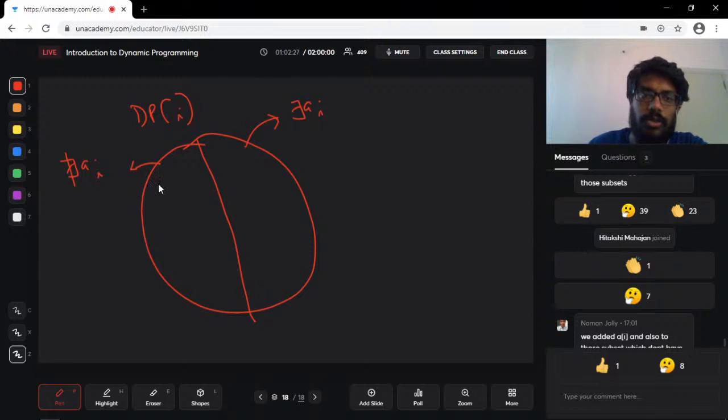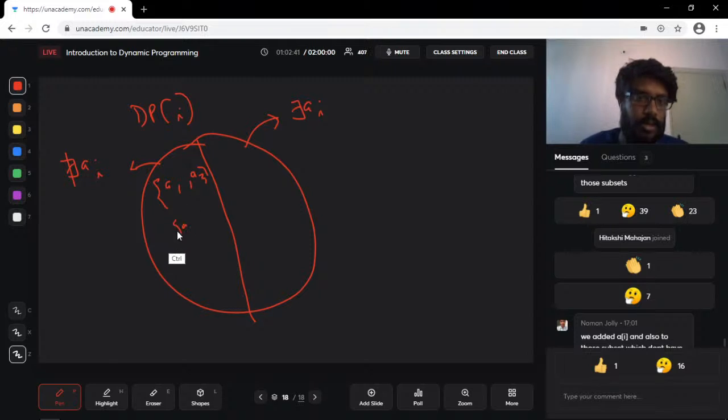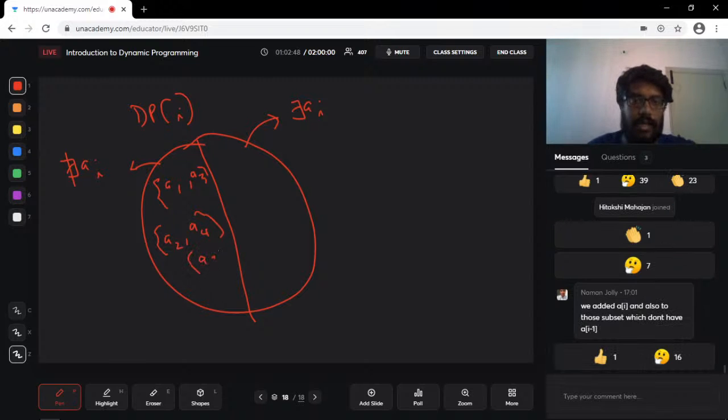In particular, if i is say 5, then the first bag is going to have subsets like a1, a3, a2, a4, just a3, just a4, the empty subset.